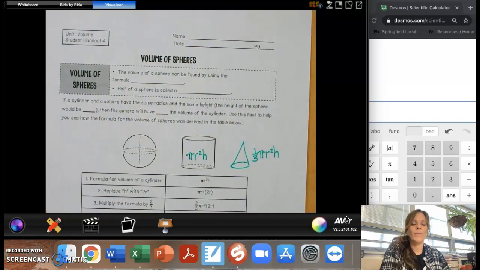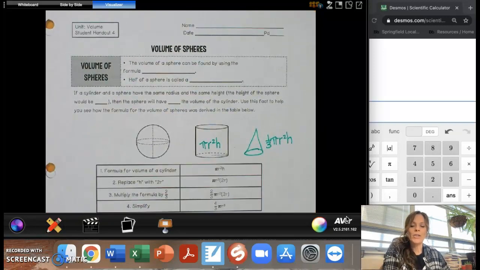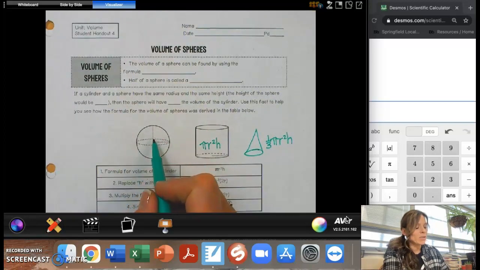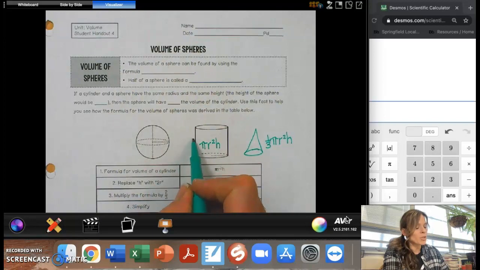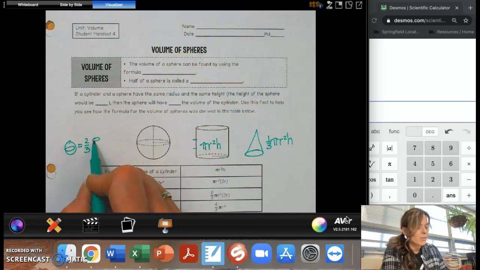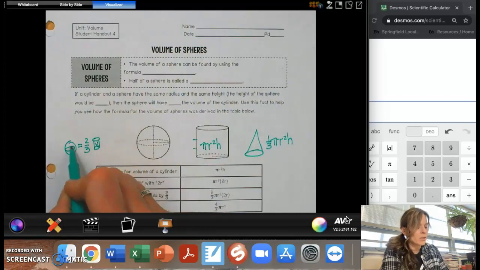So it's 1/3 of it. From that video, if you watch that video, you're going to see this only fills my cylinder up 2/3 of the way. So really, a sphere is equal to 2/3 the volume of a cylinder.